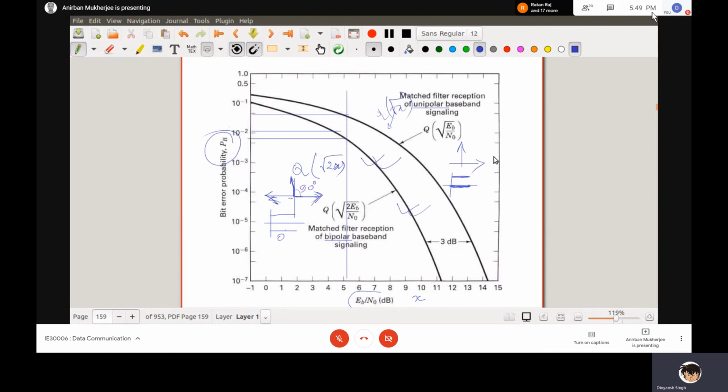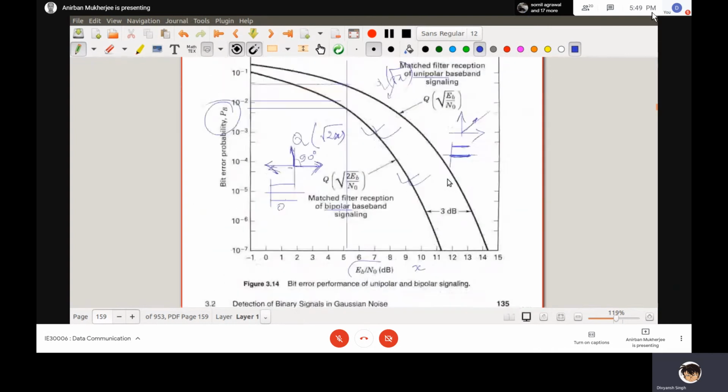But for this one, if the vector moves somewhere here, say 45 degrees due to noise, then you will detect it as the other symbol. So in order to get the same error, you need more noise in the bipolar case. Here your vector will move by 90, there it will move by only 45.